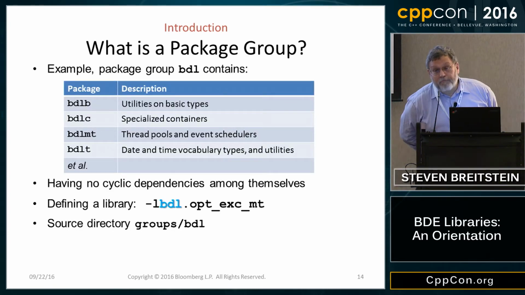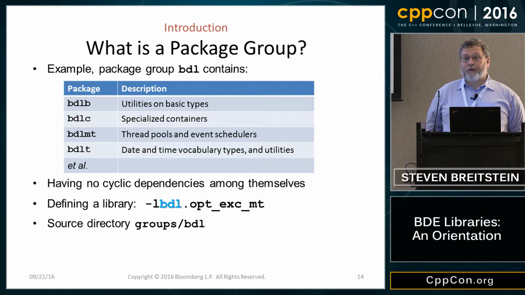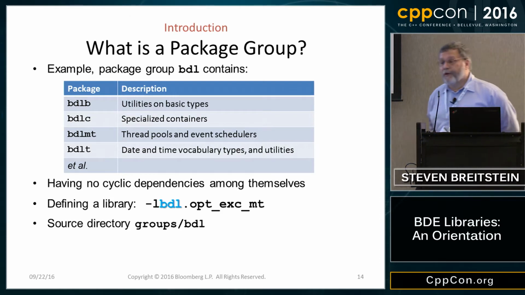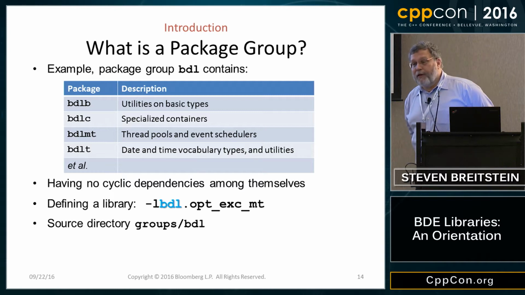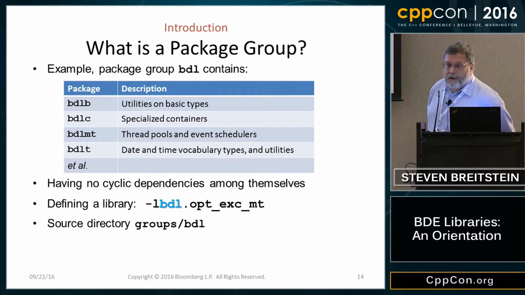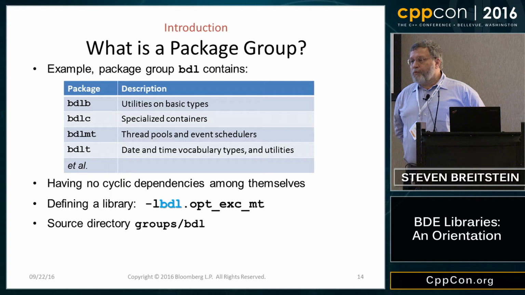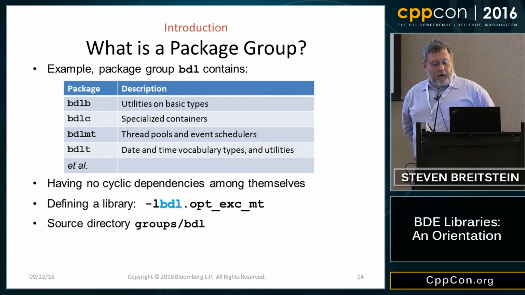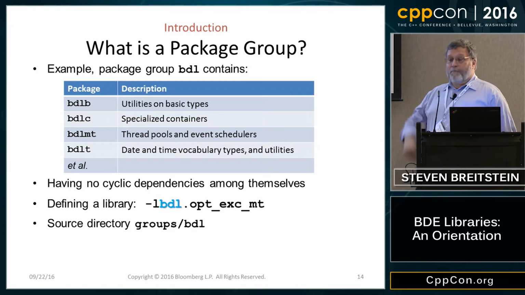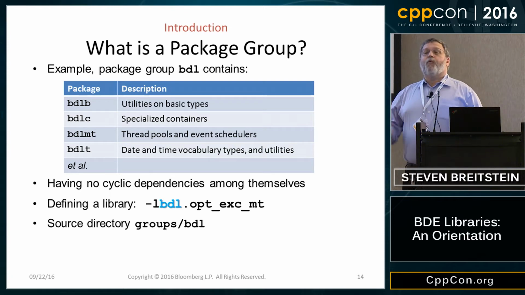Packages are further organized into package groups. So the BDL package group contains BDLT and others. And what distinguishes a package group is the first three letters of the package name. One consequence of that is that when you design a package, you have to know where it's going.